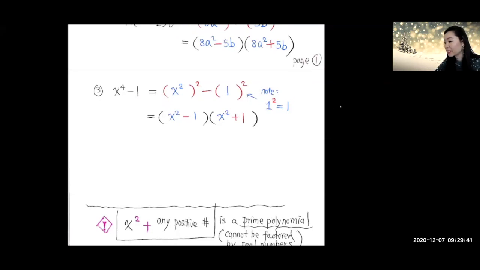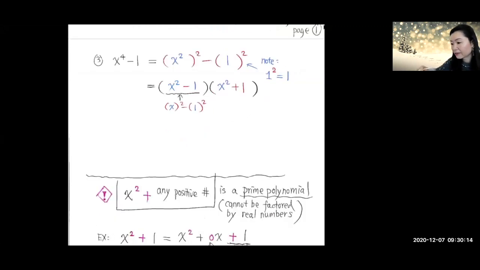So this one over here, we recognize this again is a difference of two squares. So we have to continue. It is a square subtracting a square again. It is x squared subtracting 1 squared.